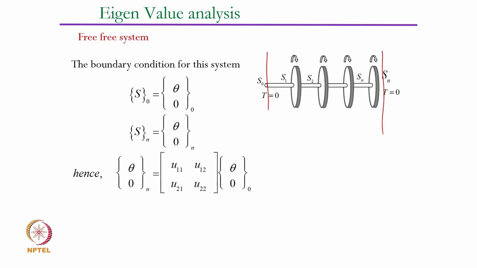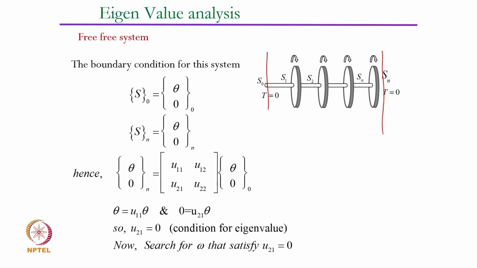Obviously there is no external torque applied, so the torques are actually 0, a free system. If that is the case, then u21 will be 0, and then the same process will apply, figure out where the roots are crossing and changing their signs. So finding what element is to be 0 is like finding your characteristic equation.